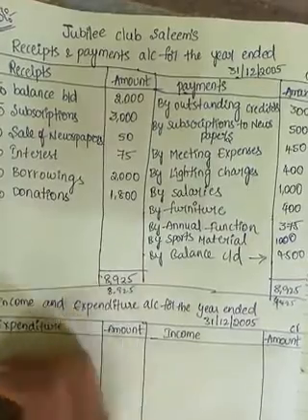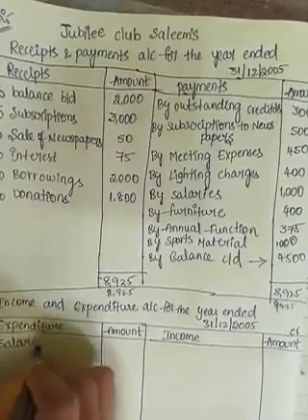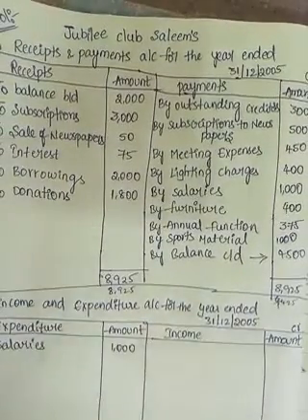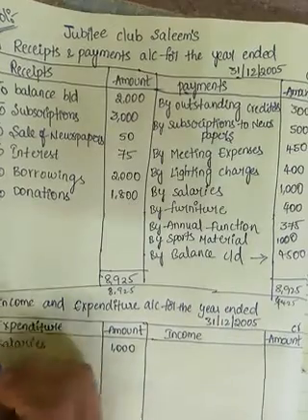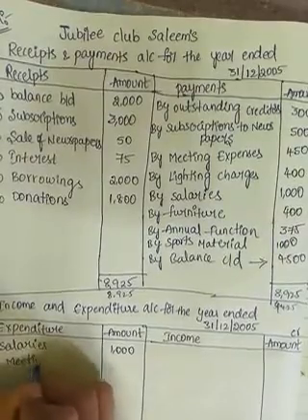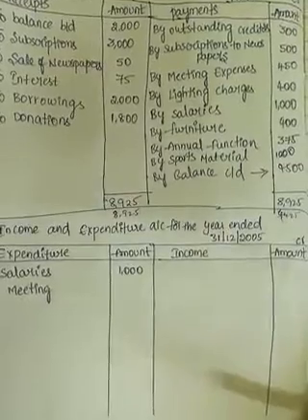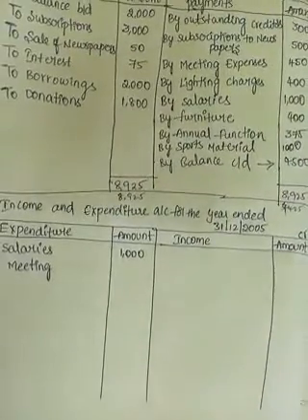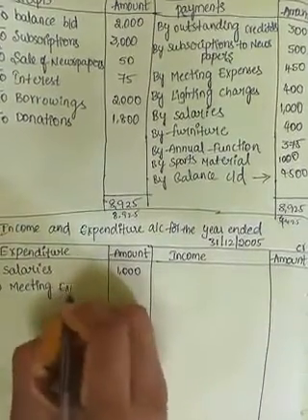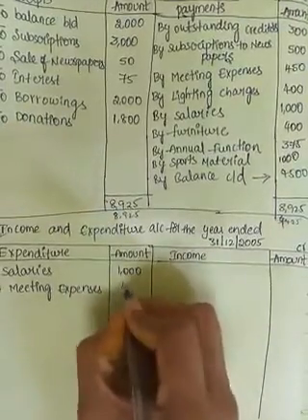To salaries, establishment. To salaries is 1000. Next is to meeting expenses. To meeting expenses is 450.